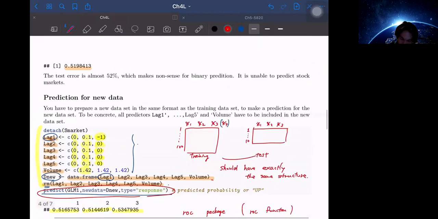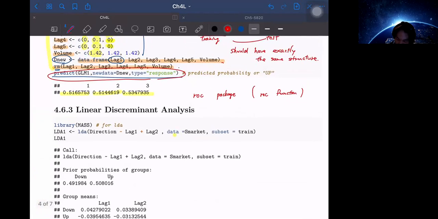So you put the predicted fitted value and the actual, two vectors, into this function, and then you can make the ROC curve. You have to use another package.